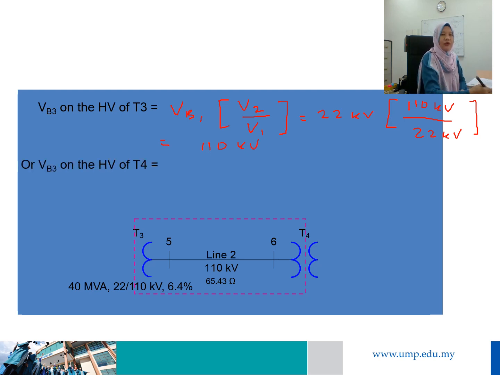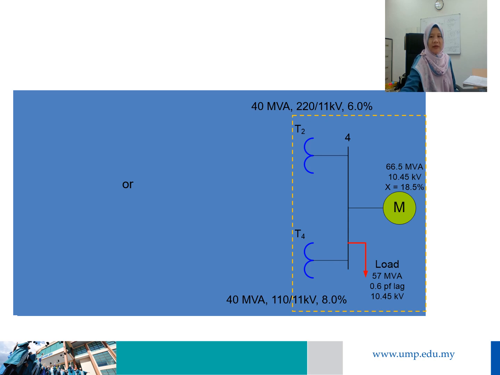Similarly, we can also find the base voltage for region number 3 on the high voltage side of T4, and we will get the same answer, which is 110 kV. For region number 4, the base voltage on the low voltage side of T2 is equal to V base 2 multiplied by V2 divided by V1.